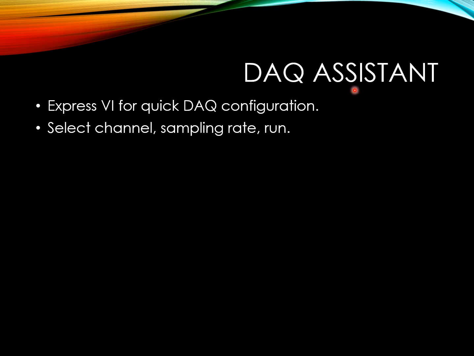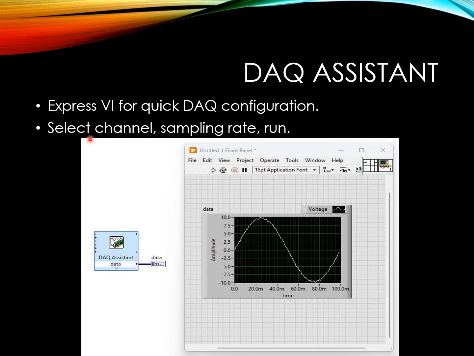And DAQ Assistant is the one which is providing these kinds of facilities, where Express VI is nothing but a visual instrumentation, where it configures your data acquisition system with selection of channels, sample rate, and the process running capabilities. So you can control the sampling rate for better visualization of the signal.